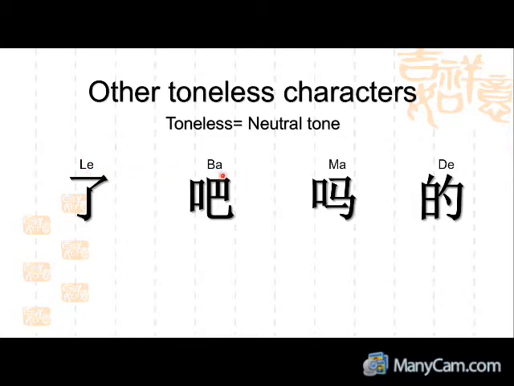You've got to pronounce all characters, and that's for sure. Next one is ma, not ma, but as in mum, ma. Not as in the equivalent to the English M. Next one is duh.